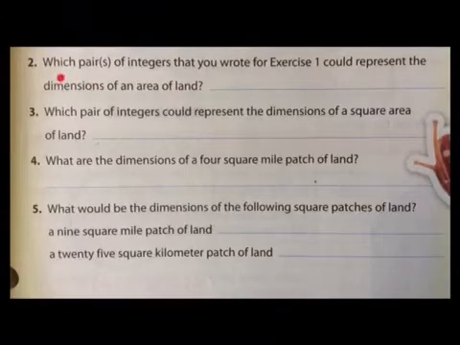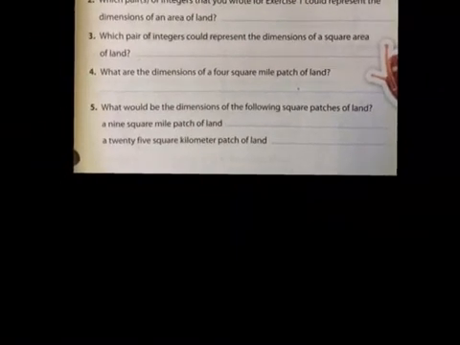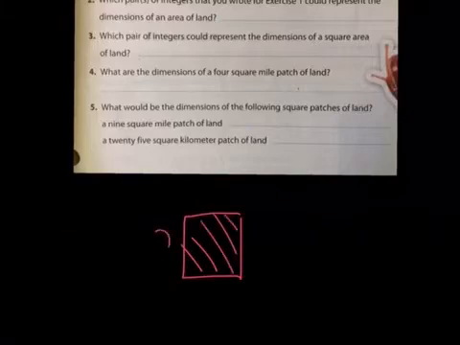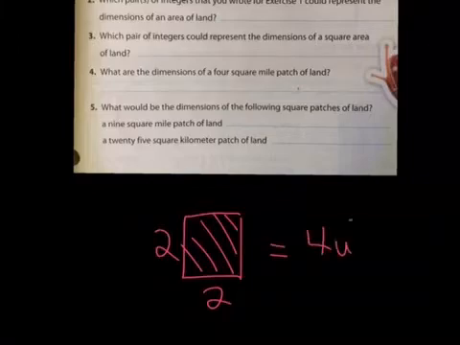Number 2. Which pair or pairs of integers that you wrote for exercise 1 could represent the dimensions of an area of land? For example, if this is our area of land, area means all the space inside of it. I could have 2 times 2, or 2 by 2, equals 4 units squared.